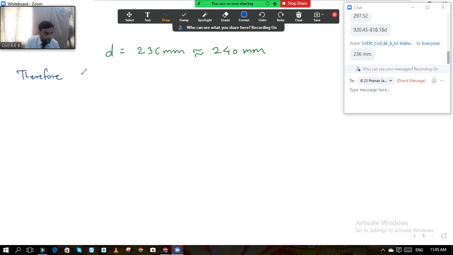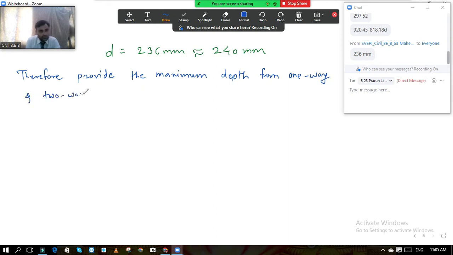Therefore, provide the maximum depth from one-way and two-way shear considerations. So we will take D equal to 460 mm.